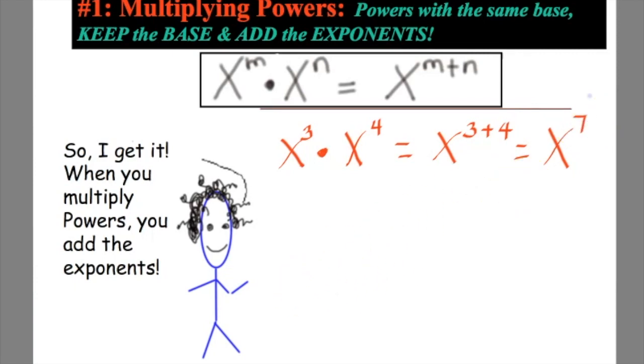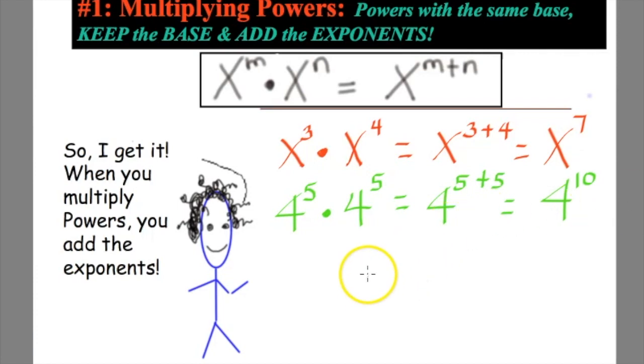Let's do another one. If I have 4 to the 5th power times 4 to the 5th power, according to my rule, same base, and I do, I just add my exponents. 5 plus 5, which would be, keep my base, to the 10th power. Okay, so I hope that's making sense to you right now.